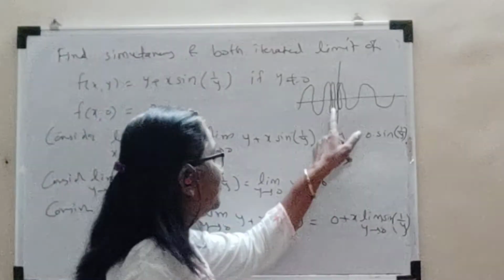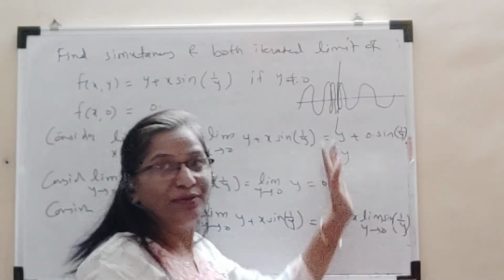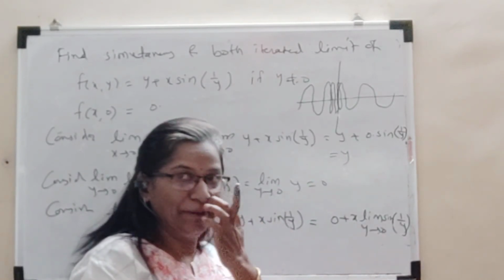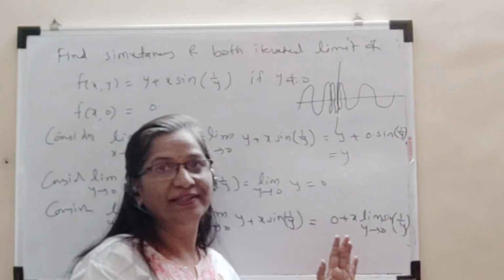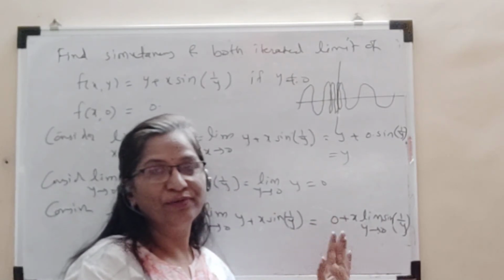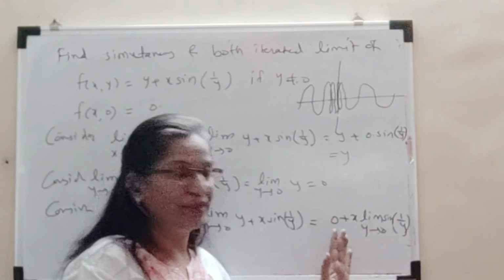So at the origin it has multiple values, and we know from the calculus of a single variable that the limit of a function, if it exists, is always unique. The same result is true for multivariable functions also. If the limit exists, it should be unique.